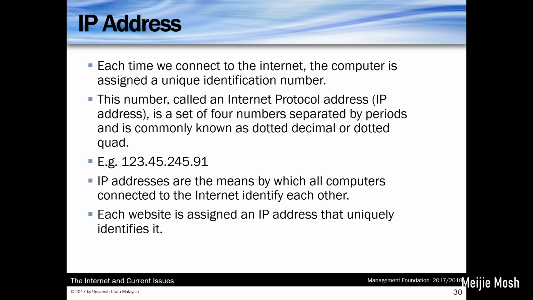An example of an IP address is 123.45.245.91. These IP addresses are the means by which all computers connected to the internet identify each other, and each website is assigned an IP address that uniquely identifies it.